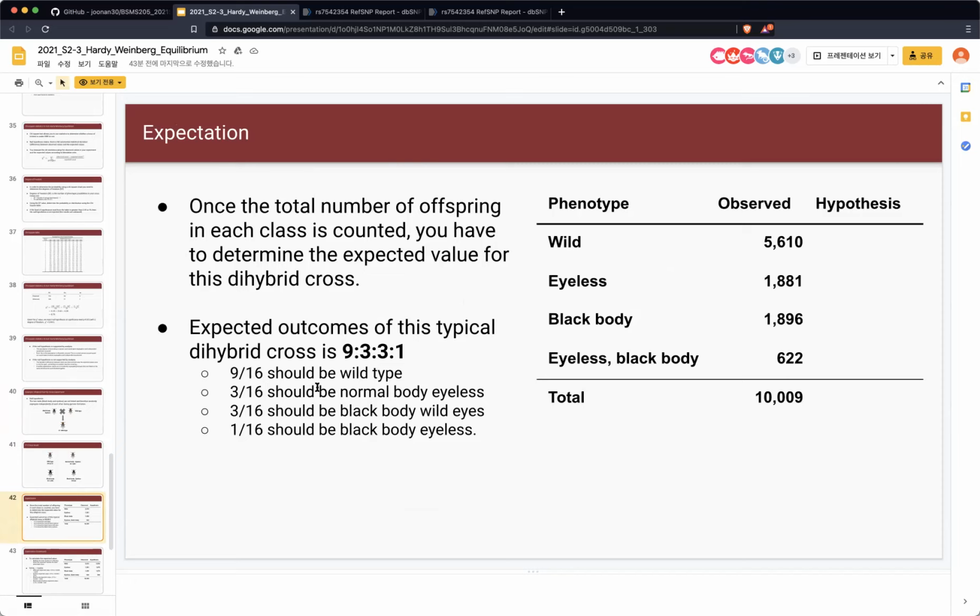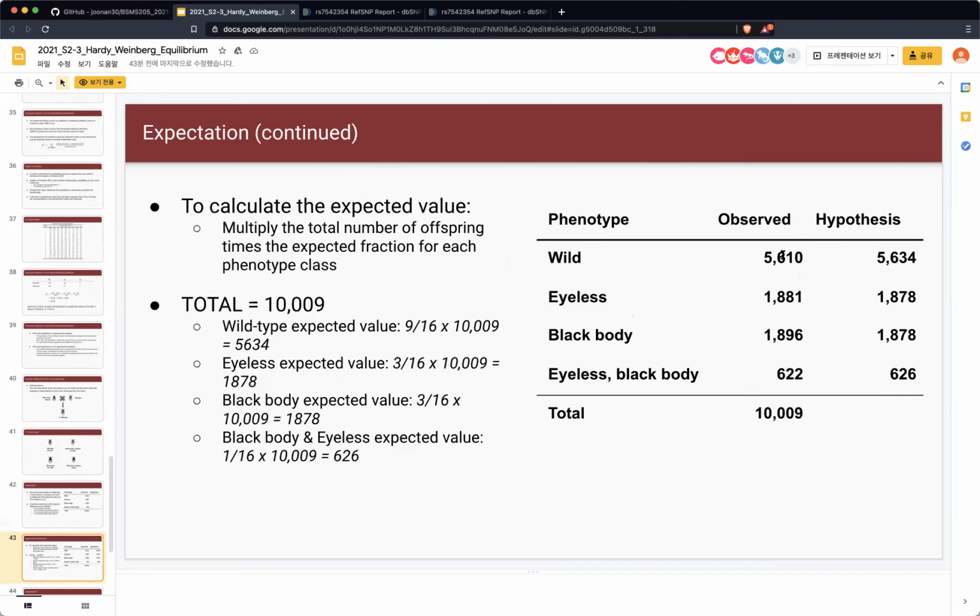Because if you do the dihybrid cross, using two loci in your experiment according to the Mendelian ratio, then your ratio has to be 9:3:3:1, right? Because this is the 3:1 ratio times the 3:1 ratio. That has to be 9:3:3:1 because the two loci are totally independent of each other during transmission. But in this case your observation is quite different, right?